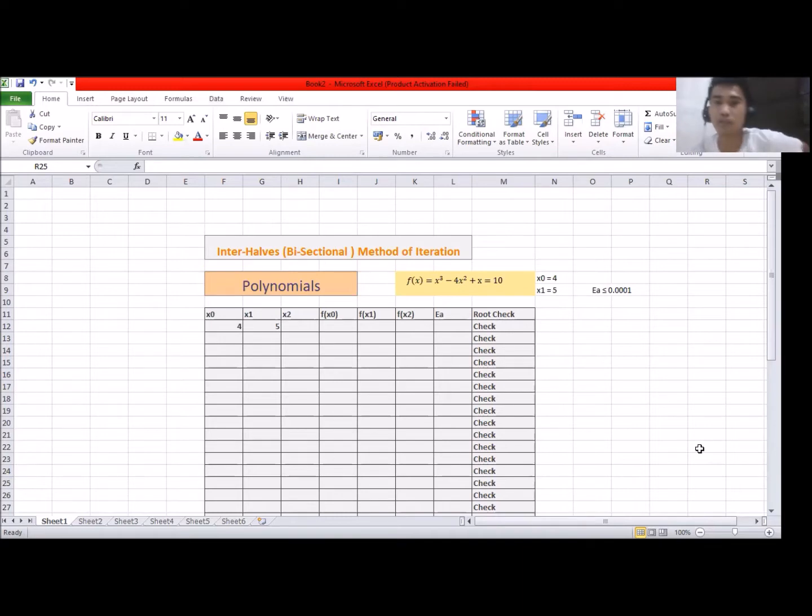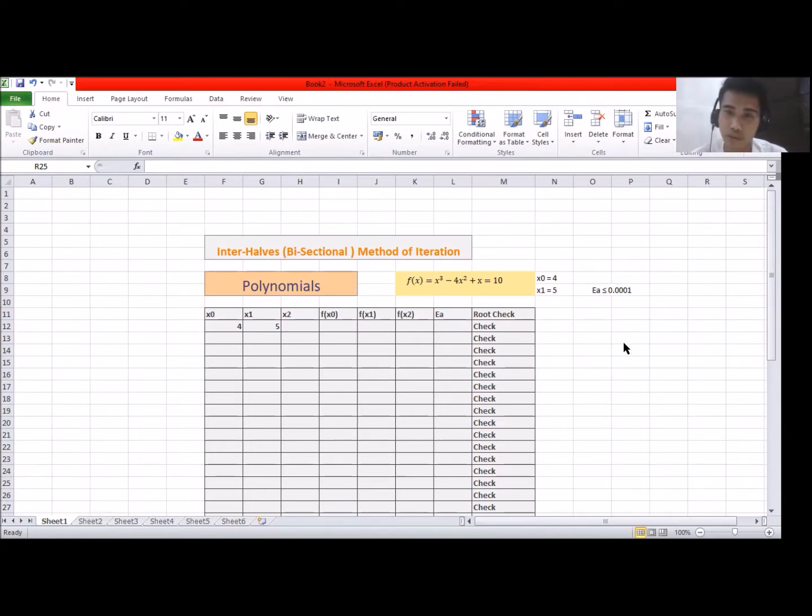So first, we have the example function f(x) = x cubed minus 4x squared plus x equals 10. We have the initial values x0 equals 4 and x1 equals 5. We want the estimated root to be less than or equal to 0.0001.